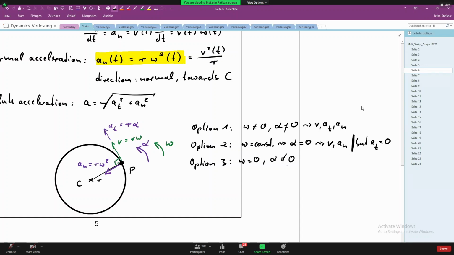Otherwise, objects would never be able to change motion, start to move. So in consequence, the velocity and the normal acceleration are 0, and the tangential acceleration exists as not 0.